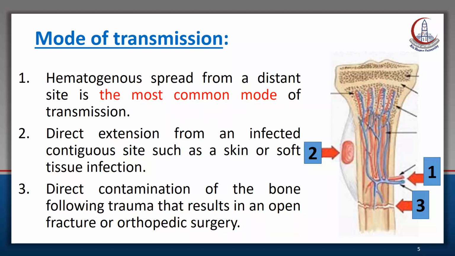There is also direct extension from an infected contiguous site, such as skin or soft tissue infection, and direct contamination of bone following trauma that results in an open fracture or orthopedic surgery.